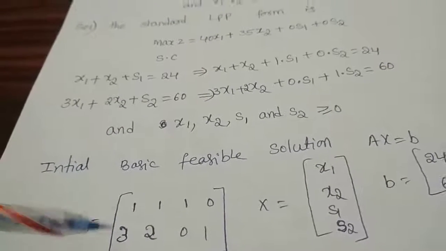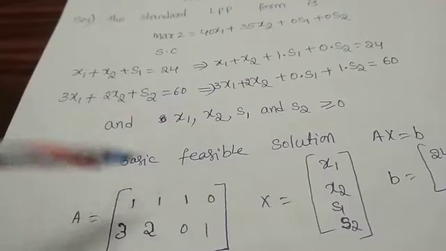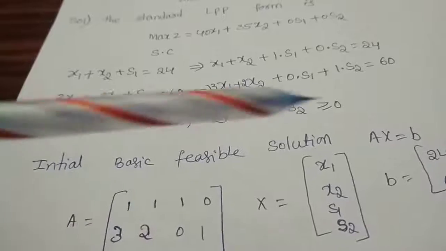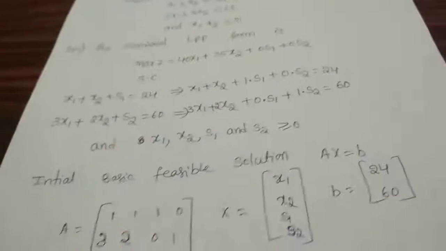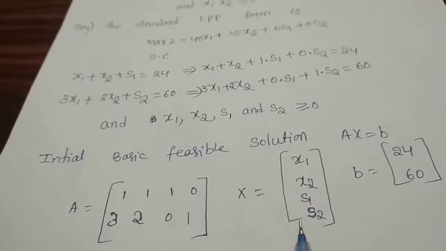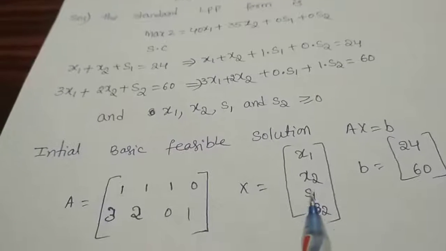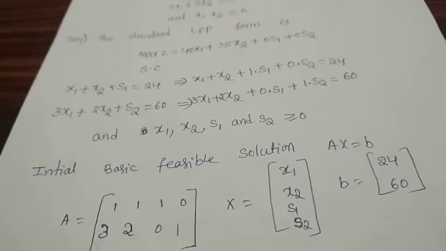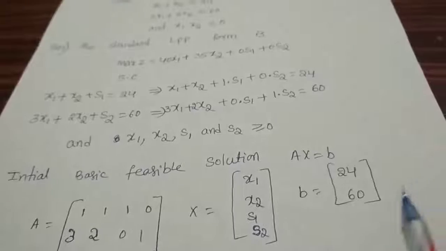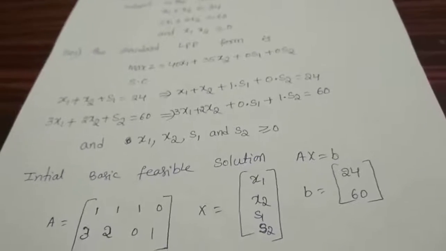In the second row, the x1 coefficient is 3, x2 coefficient is 2, s1 coefficient is 0, and s2 coefficient is 1. Next, capital X involves the variables x1, x2, s1, s2. B is the right hand side values, 24 and 60.